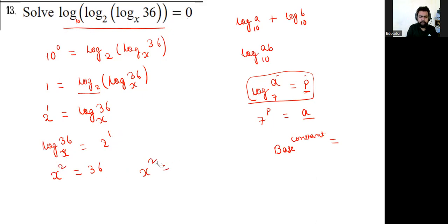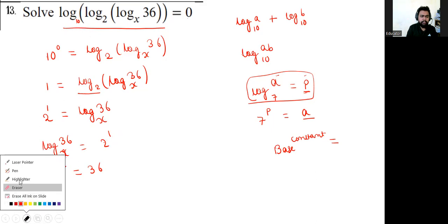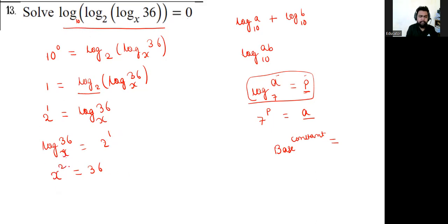If I want to find x, then I need to root both sides, right? Because this exponent, which is 2, is a square. Square changes into root when it goes to the other side, right? So I'm going to write x is equal to positive or negative root 36. You might be knowing this, right? Let me tell you about this. If you have x square is equal to 9, what are your possible answers?